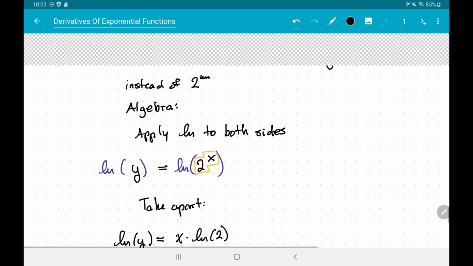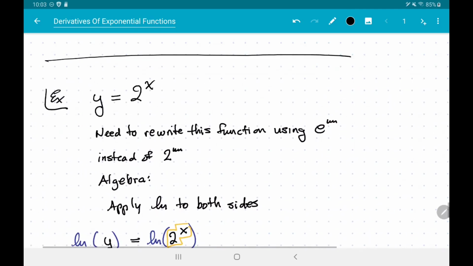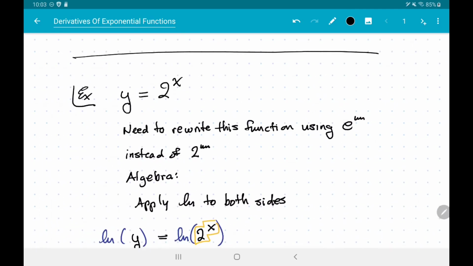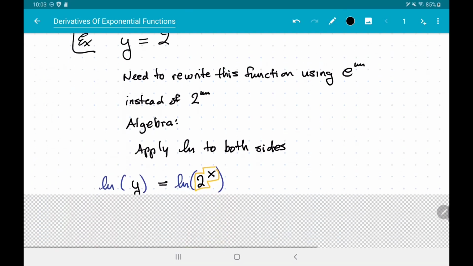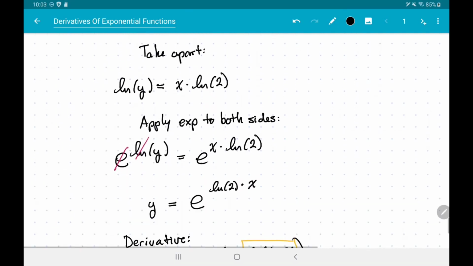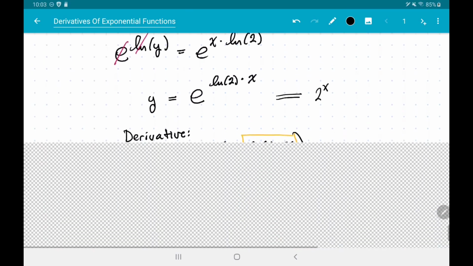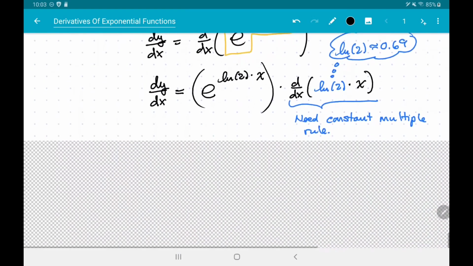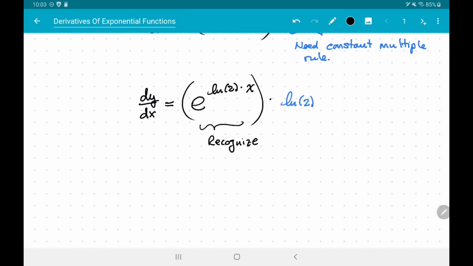And importantly, where that came from was this 2 to the x. So in other words, 2 to the x is actually equal to e to the ln of 2 times x. So down here, where I recognize an e to the ln of 2 times x, I can, if I like, turn that back into 2 to the x.